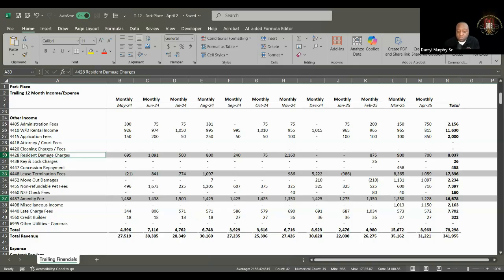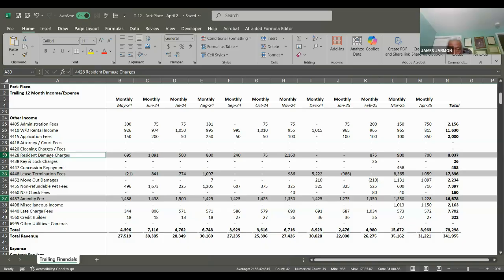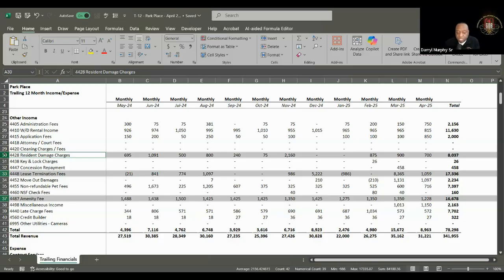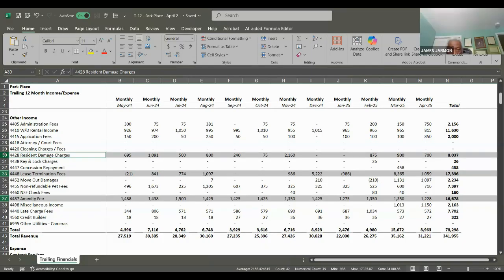You said lease termination fee, and you also said amenity fee, but something else that you would be concerned with? Well, the only other thing, I talked about the damage, but I want to say. There it is.